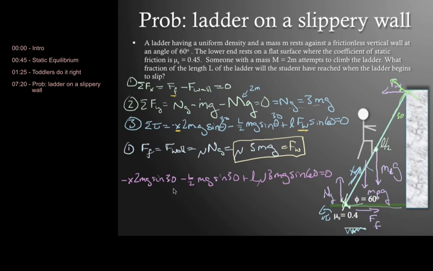So I'm going to plug in just what this sine 30 is. This right here is equal to 1/2, so that makes that pretty simple. Sine 30 is also 1/2. And then this is equal to square root of 3 over 2. So I'm just going to plug these in and see what I get.